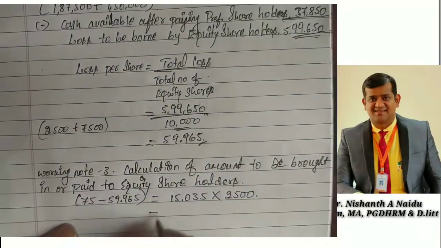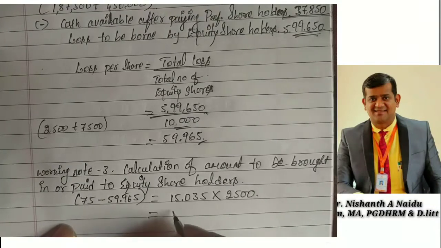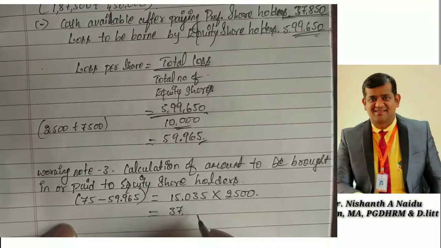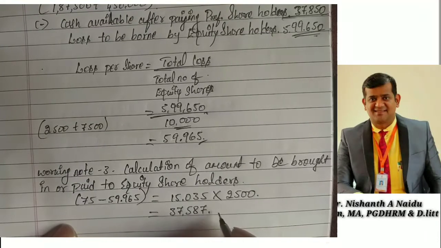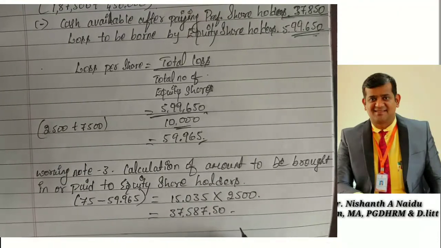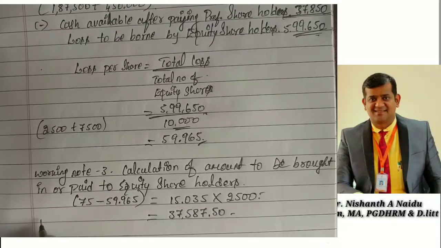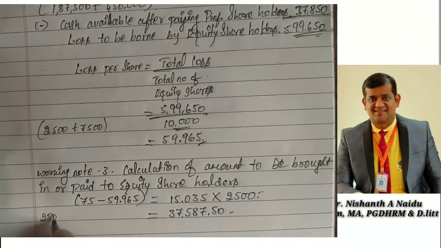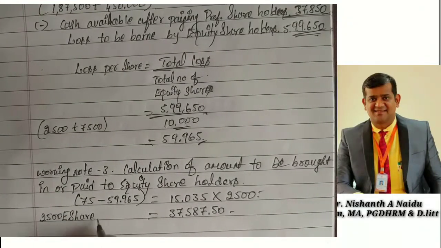So 15.035 into 2,500 shareholders comes to 37,587.50. So this is for the 2,500 equity shareholders.